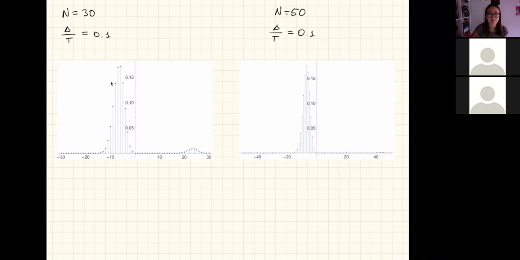But we see that most of the peak is concentrated around some energy value. And you can also look at the average energy and the distribution, so the variance of the energy here.